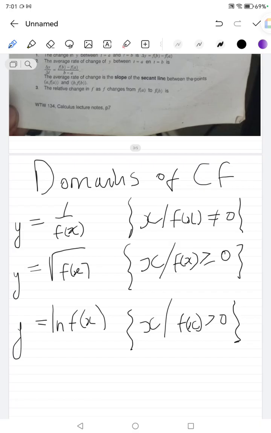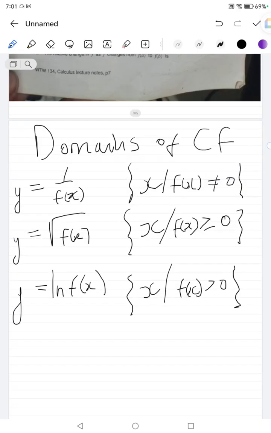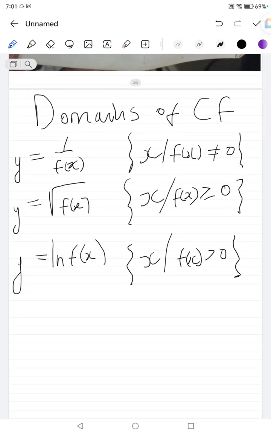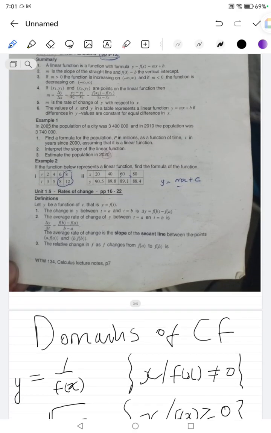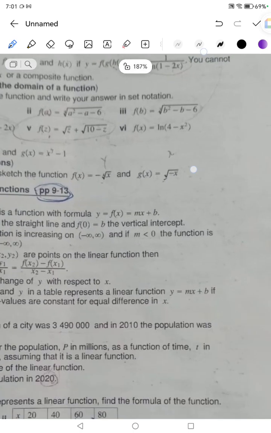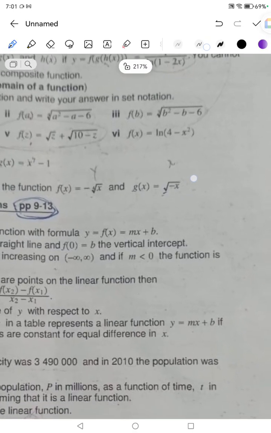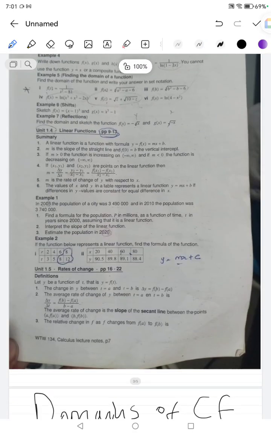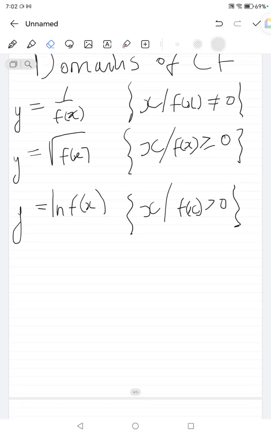I think the examples that I wanted to give, we've already highlighted. Let's also highlight something about the cube root.